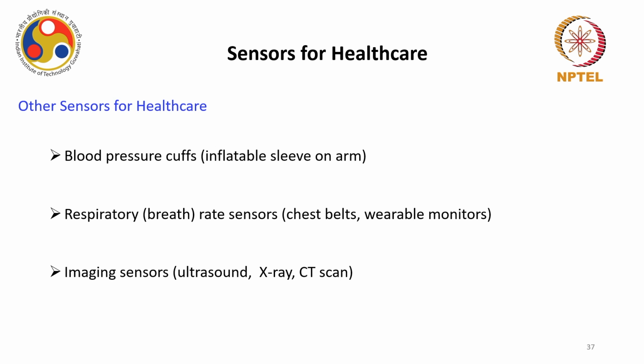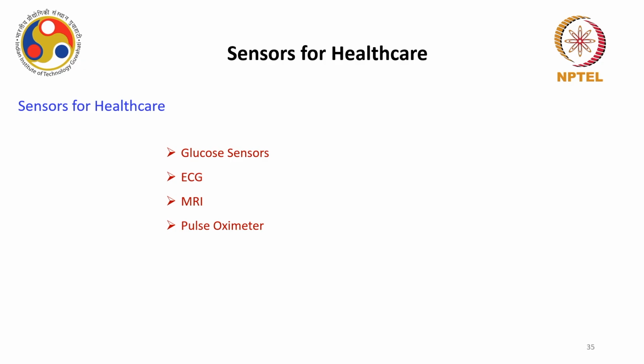But once we have understood these four different kinds of sensors, glucose sensors, ECG, MRI and pulse oximeter, it will definitely assist you in understanding the other techniques. If you talk about EEG, again it is a kind of electrode based device. If you talk about any other biosensor to monitor a certain pathogen, for example, or other molecules in the blood or in the tissues, mostly you rely upon electrochemical sensors that we have covered in more detail in the glucose sensors.